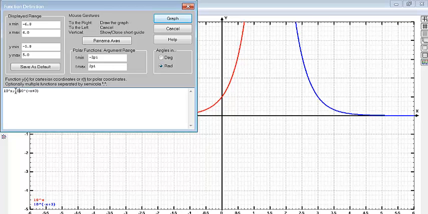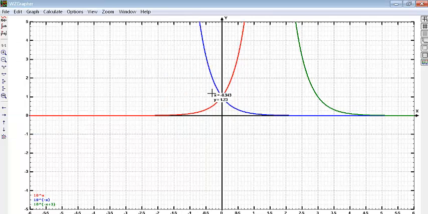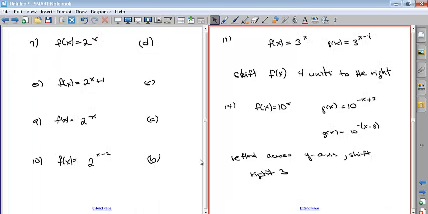We'll do 10 to the negative x. And what you'll see with that is it'll reflect across the y-axis. So the blue curve is the red curve reflected across the y-axis. And then what you do is you shift it 3 units to the right. So you shift the blue curve to the right. Okay, so that one's correct also.